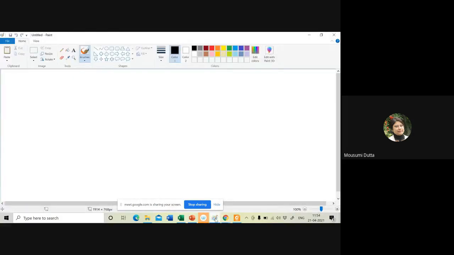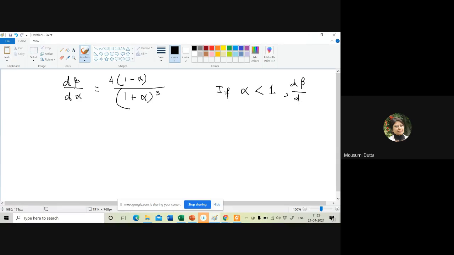Okay, so finally we are getting the value of d beta by d alpha equal to 4 into (1 minus alpha) divided by (1 plus alpha) cube. Okay, so what will be the sign?